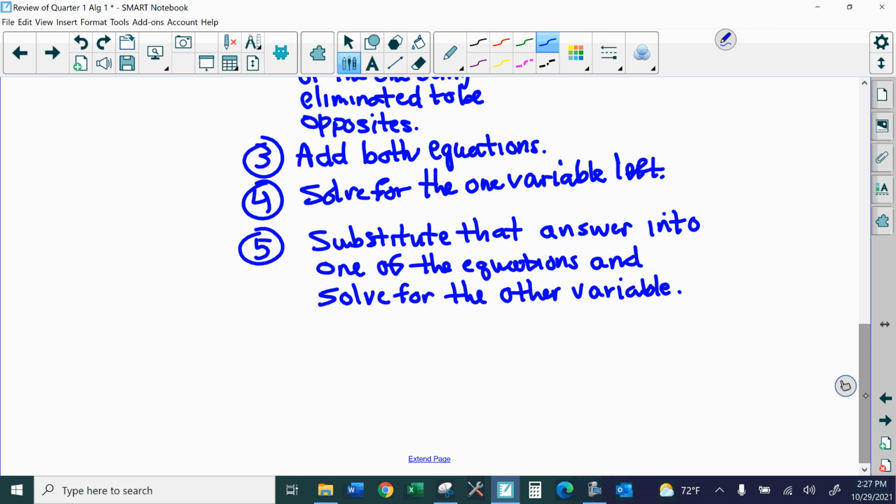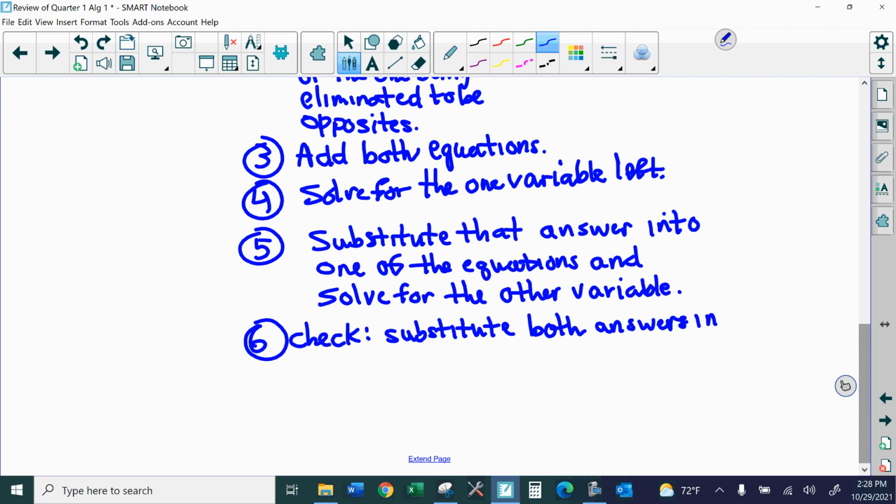Now, technically, if you do everything right up there, you could be done. But to check, substitute both answers into the other equation to verify it is true.